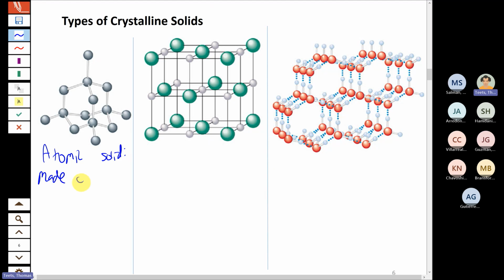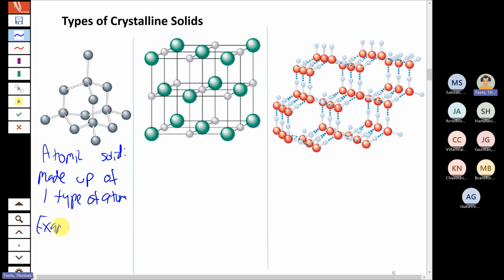So the whole lattice is just one element, one type of atom that repeats in all directions. So a lot of the elements that are solids in their standard state or in other conditions would be classified as atomic crystalline solids.